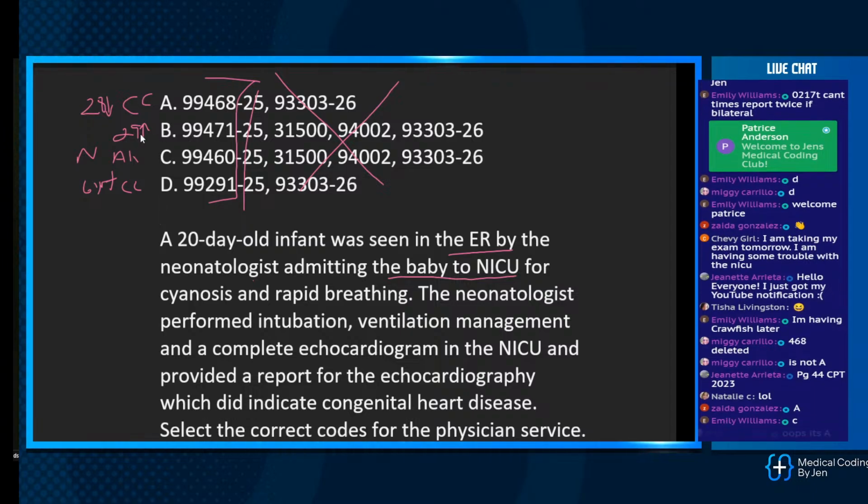B is for a 29-day-old and older, so we know we can't bill that one. Our 91 is, in general, anybody 6 years and older.